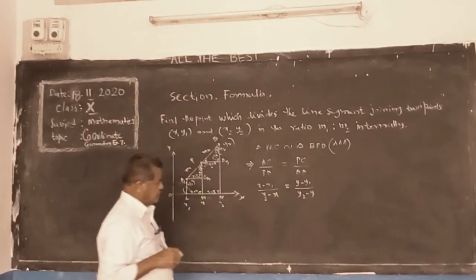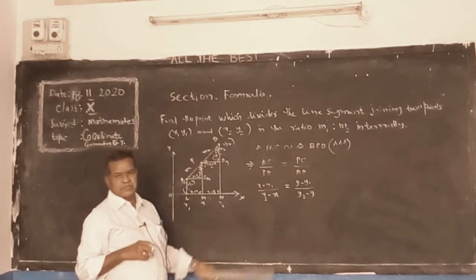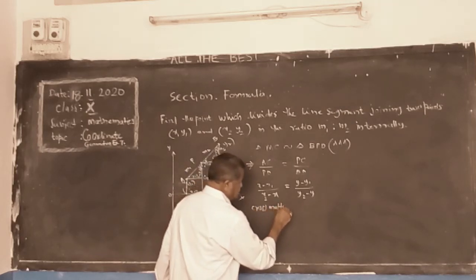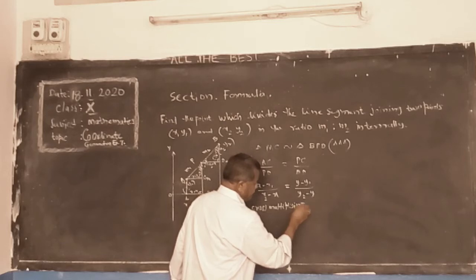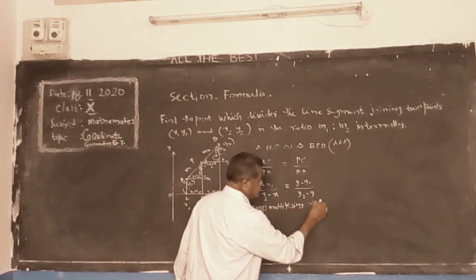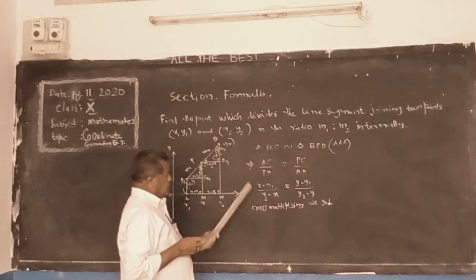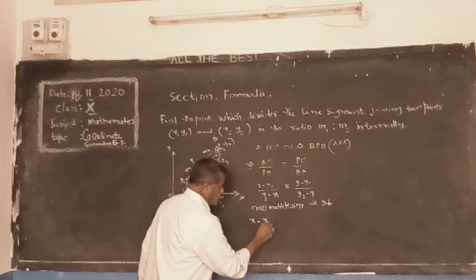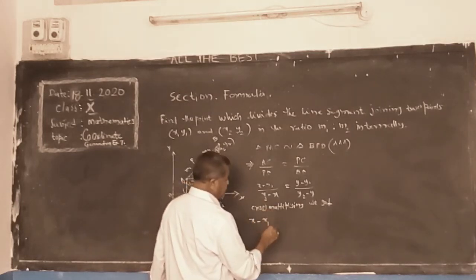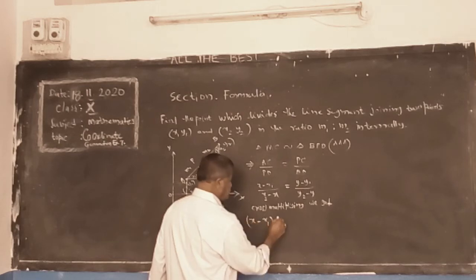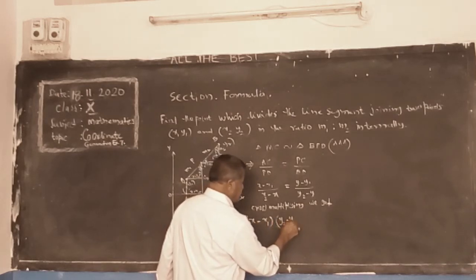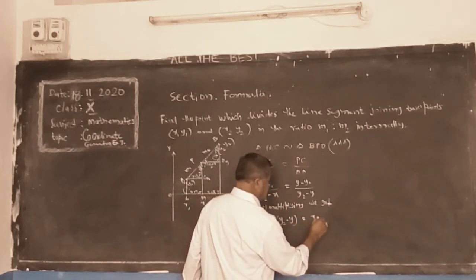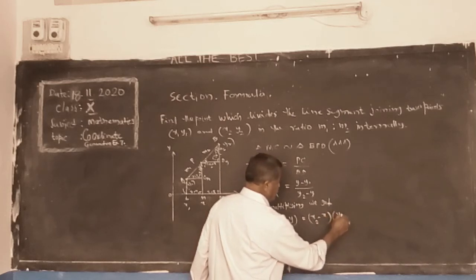Like this we got the sides relation. Now cross multiply: we get x minus x1 into y2 minus y is equal to x2 minus x into y minus y1.